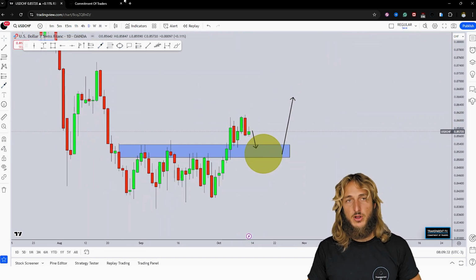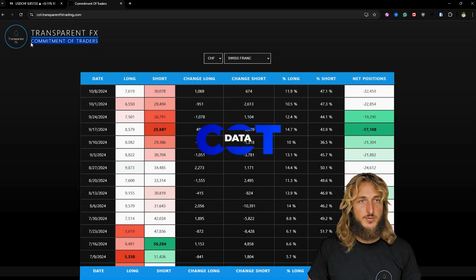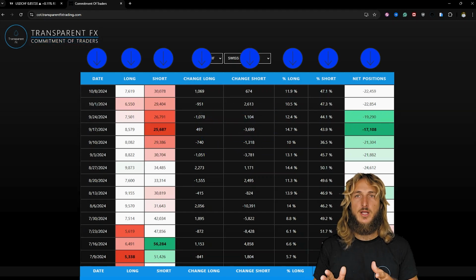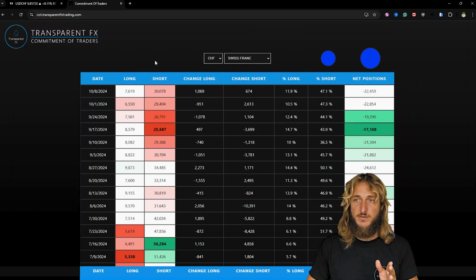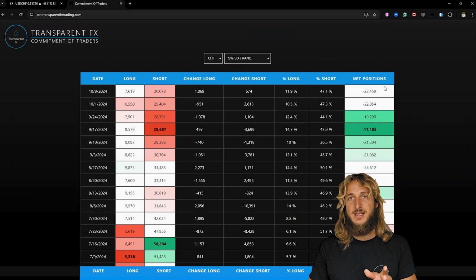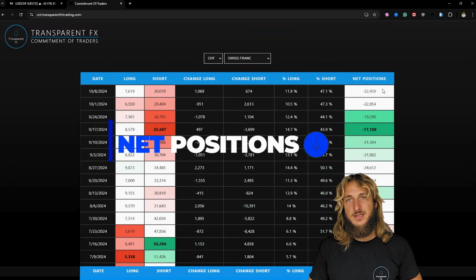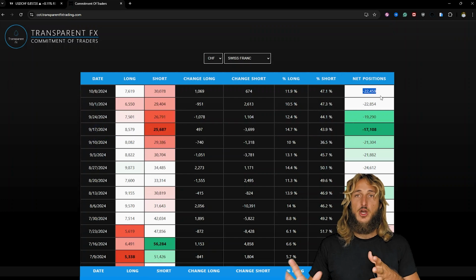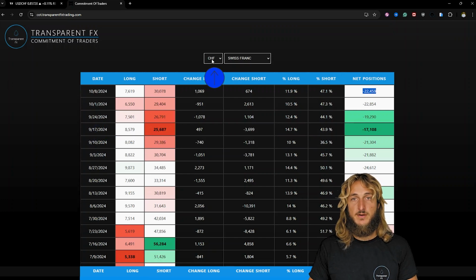Speaking about institutional longing, if we go and see what we have when it comes to the commitment of traders, so what the big players in the market are doing, and we look at the data precisely for the CHF, we can see how with the last reports, net positions have been massively decreasing. We went from having minus 17.1k net positions all the way down to having minus 22.4k net positions, showing how institutions are moving back to the bearish side for the CHF, therefore making the CHF weaker.